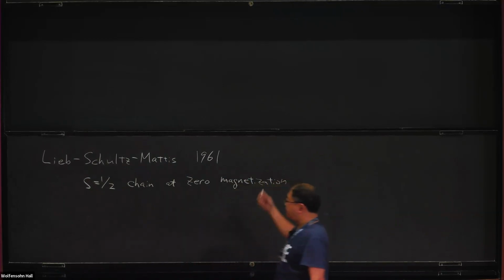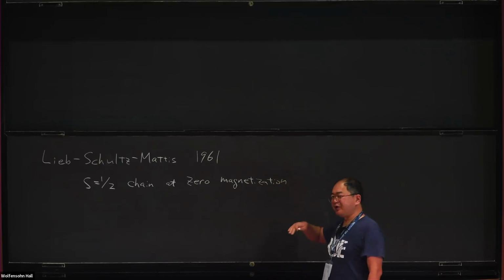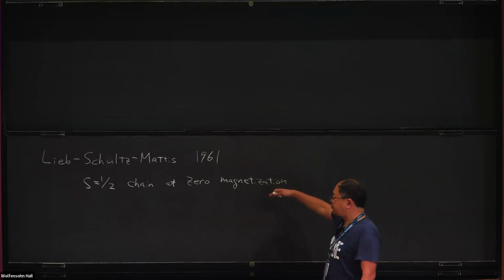So they showed that a translation invariant spin one-half chain at zero magnetization must be either gapless or have twofold ground state degeneracy. That was the theorem.